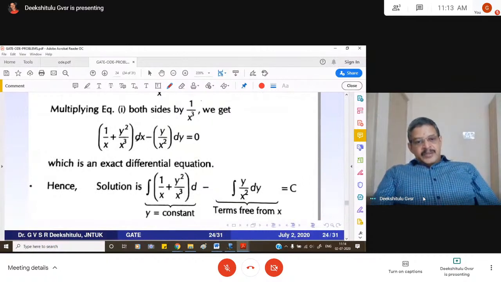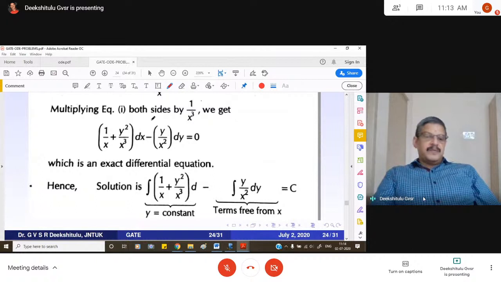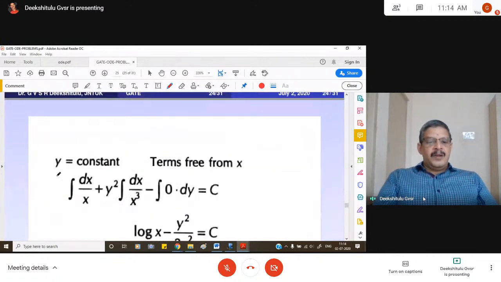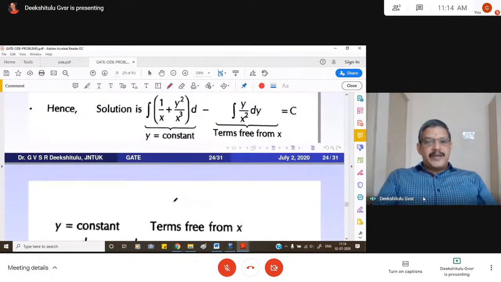So integral of M with respect to x, treating y as constant, plus integral of terms which are independent of x in N with respect to dy. So the terms are 0 here in y. So we have to integrate with respect to x.